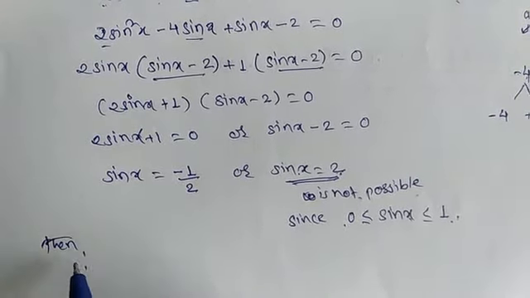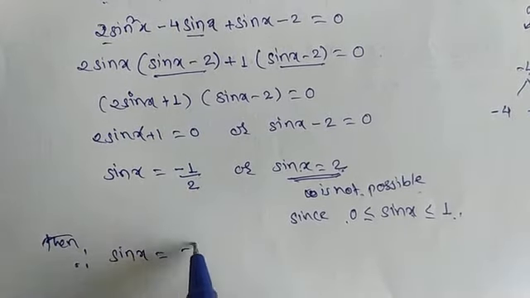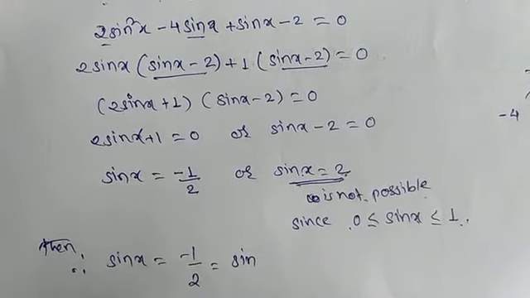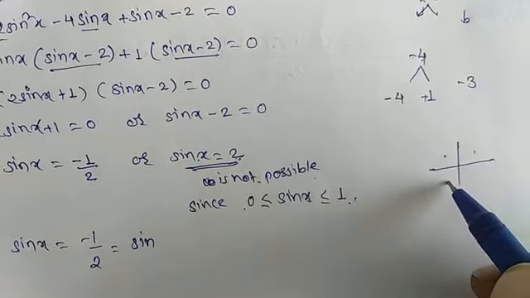Therefore sin x is equal to minus 1/2, which is equal to sin of, now sin is positive in the first and second quadrants and it is negative in the third quadrant.